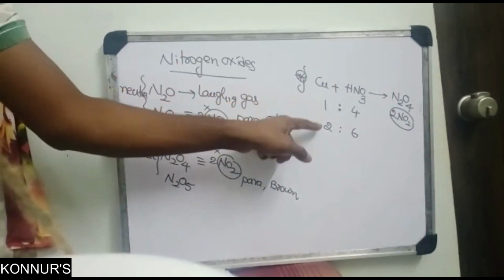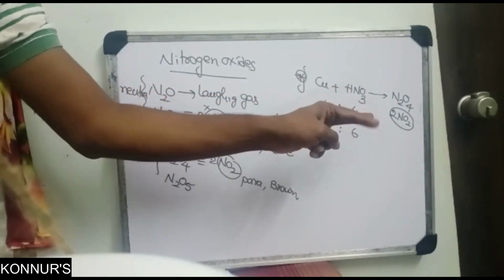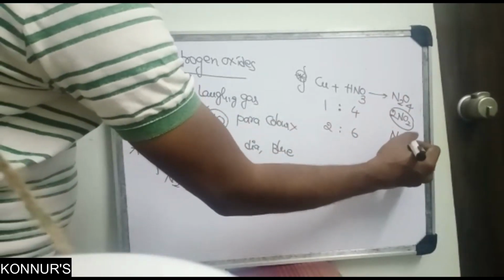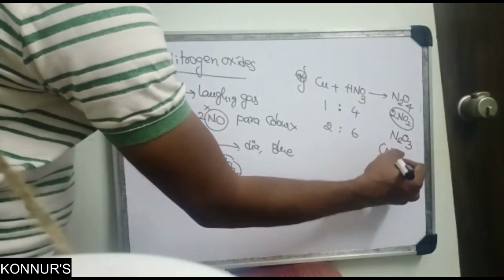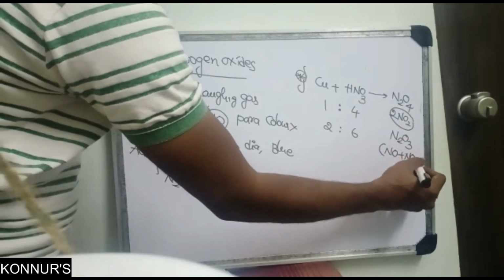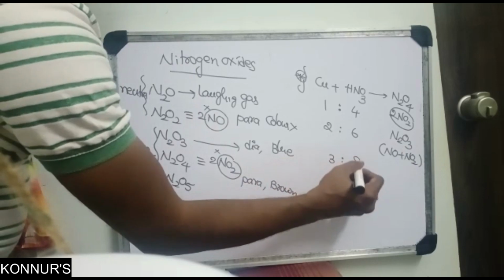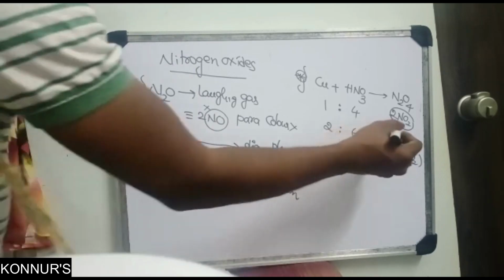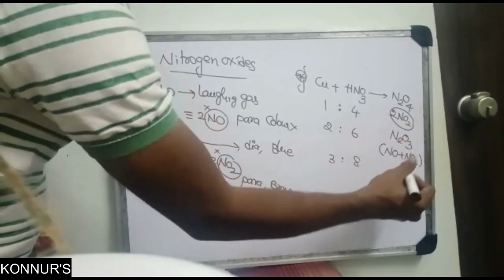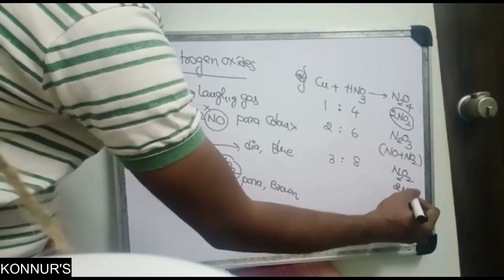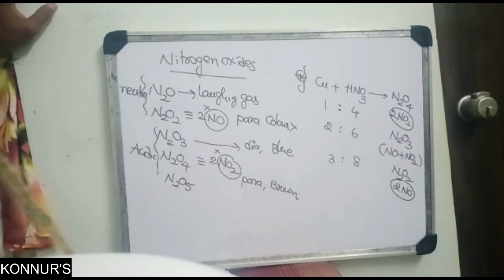You increase one number, you are increasing two numbers. So 2:6 gives N2O3. N2O3 is a combination of NO plus NO2. Next, 3 is to 8. Next, 4 after 3, 3 after 2, N2O2, otherwise 2 moles of NO is available.